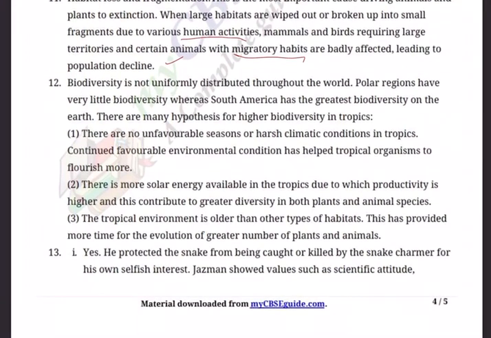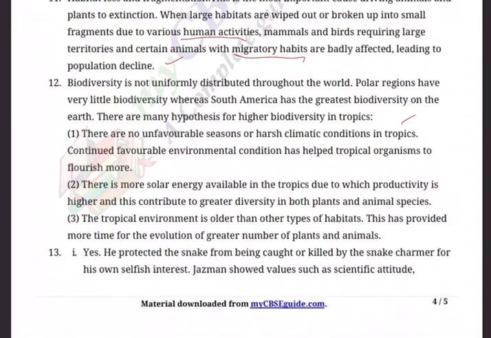Question 12. Biodiversity is not uniformly distributed throughout the world. Polar regions have very little biodiversity, whereas South America has the greatest biodiversity on the earth. There are many hypotheses for higher biodiversity in tropics. Number 1. There are no unfavorable seasons or harsh climatic regions in the tropics.